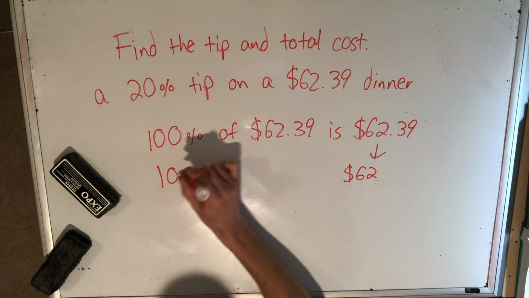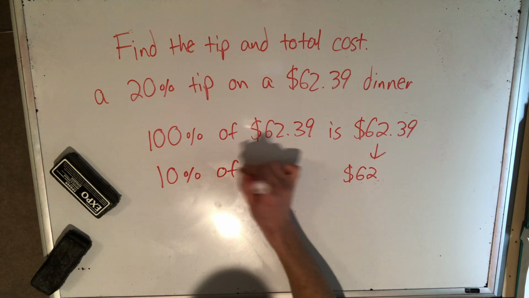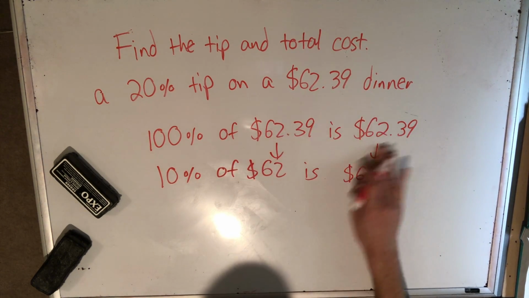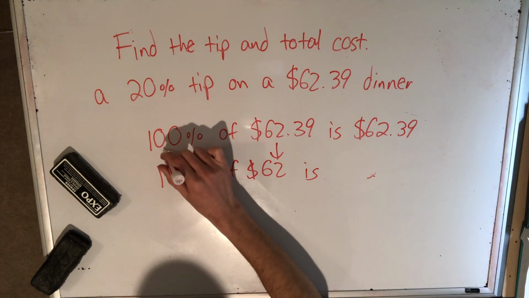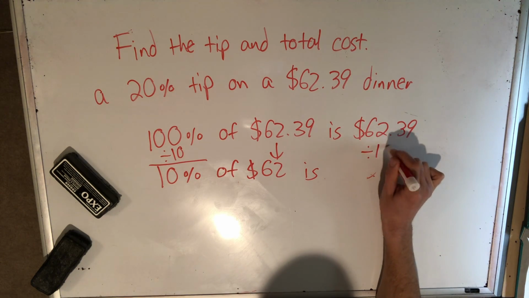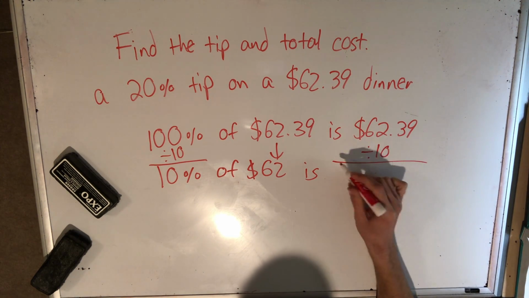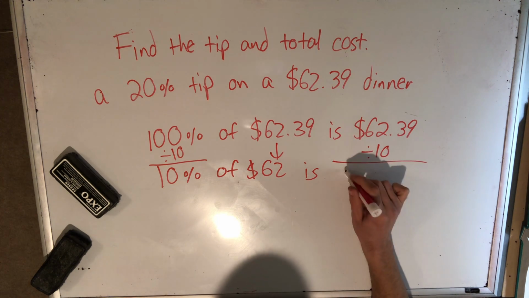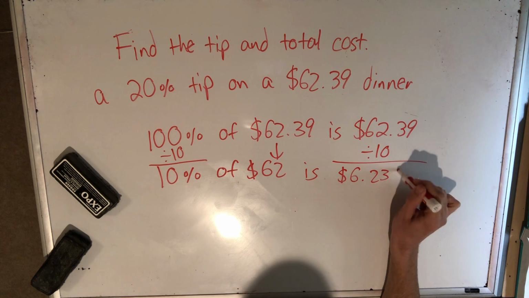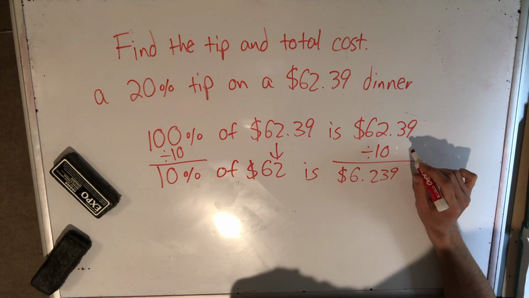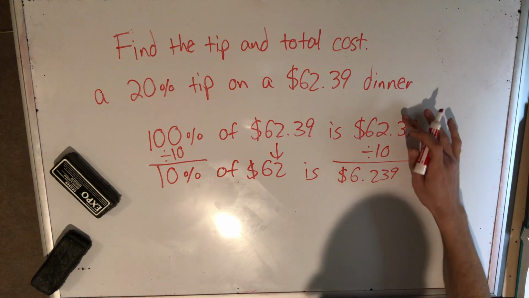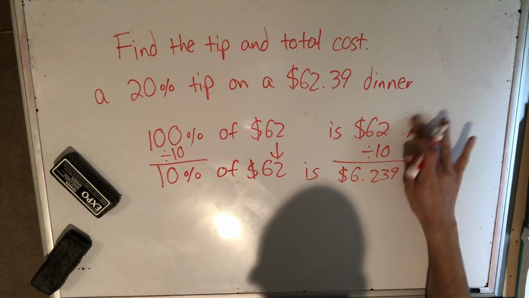Let's find 10% of $62. 100% divided by 10 is 10%. So the other side must also be divided by 10. When dividing by 10, move the decimal point one place to the left, since 10 is 1 with a 0.